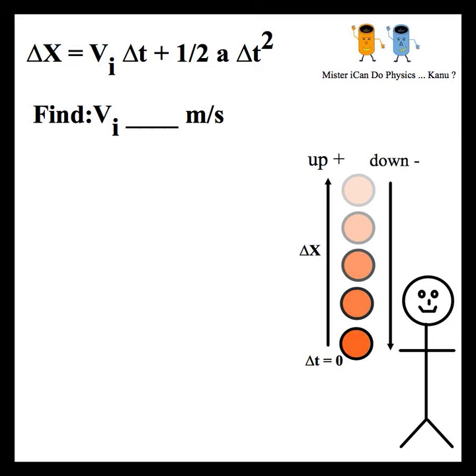In this case, v sub i. And unlike our first case, delta x, we have to do some algebra before we can solve for v sub i. So after doing the checklist, focus on what you have to find and then isolate that variable using basic algebra technique.